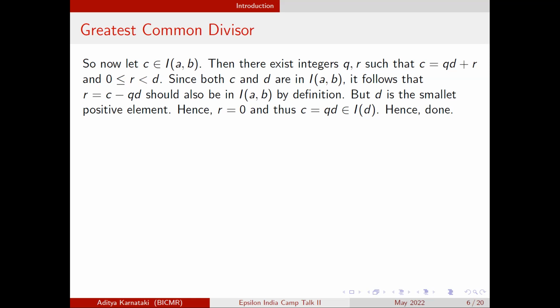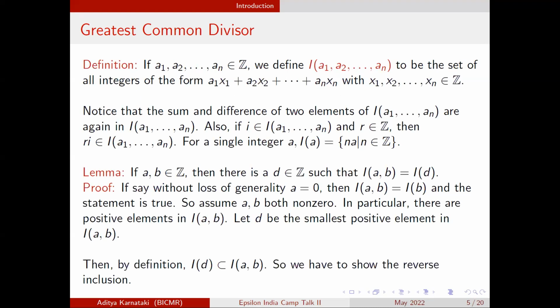But then you see, both C and D are in I of AB, and on the previous slide we saw that sums and differences of any two elements in I of AB will also lie in the set. Is that okay? You recall that from the last slide? Sorry, this second paragraph again.